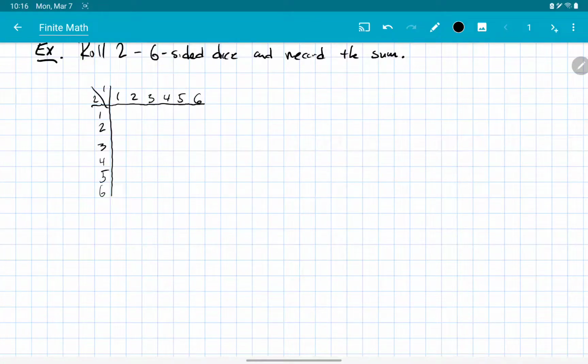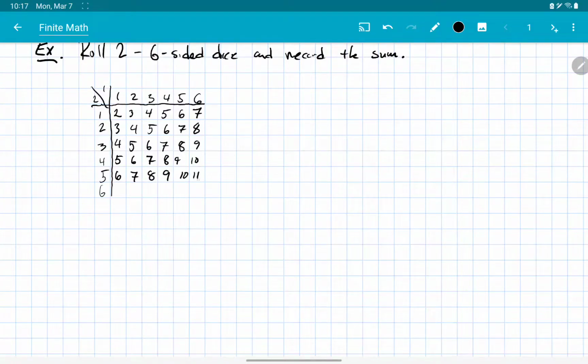Now we record the sum of these numbers in the table: 2, 3, 4, 5, 6, 7, and so on up to 12. There are all of the possibilities.